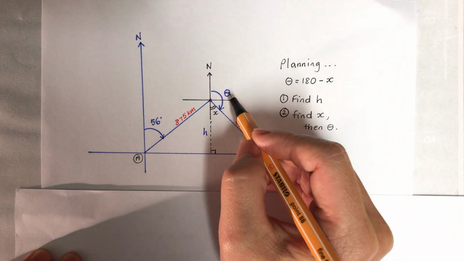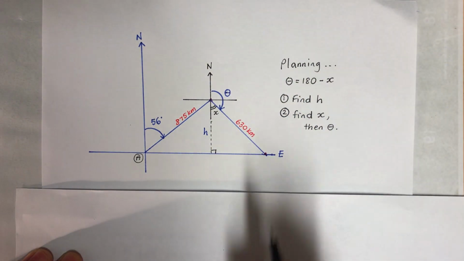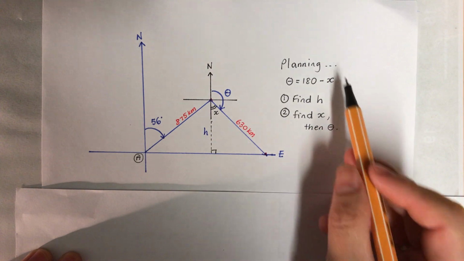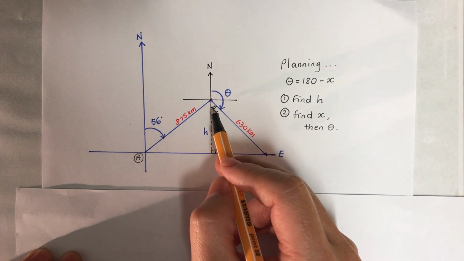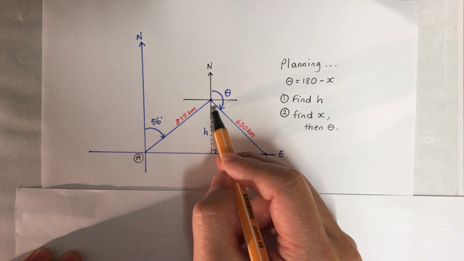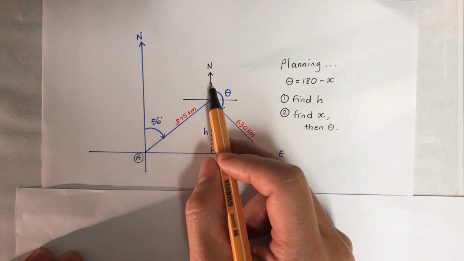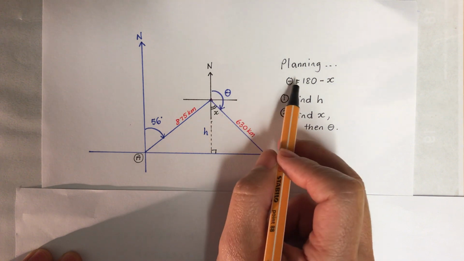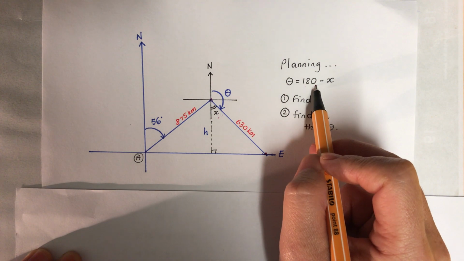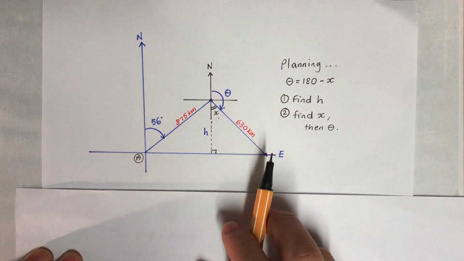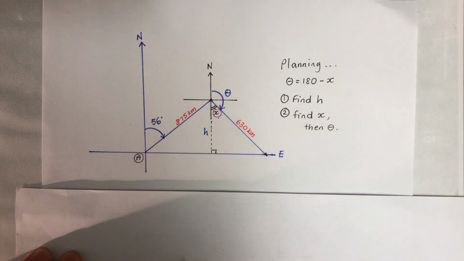Now we have to calculate the bearing. So this is my plane. If I could find this little angle here, which I call x, I can find the bearing by taking that x away from 180. So how am I going to find x?